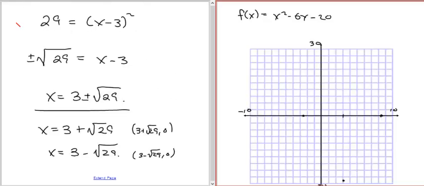So if we go to our plot here, negative 20 is going to be about 1, 2, 3, 4, 5, 6, about right there. And because of the symmetry around this point, I'm going 1, 2, 3 this direction. That just gives me one extra point. So then you can draw your parabola in there.